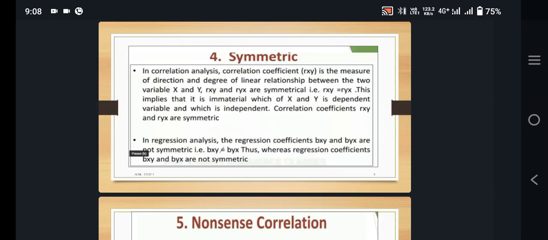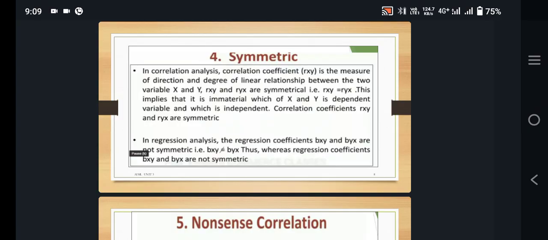Fourth one is symmetry. In correlation analysis, correlation coefficient Rxy is the measure of direction and degree of linear relationship between two variables x and y. Rxy and Ryx are symmetrical. But in regression analysis, the regression coefficients Bxy and Byx are not symmetric.